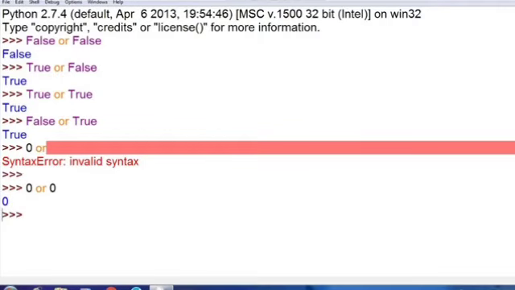Now if I write 0 or 8, as the truth value of 0 is false and the truth value of 8 is true, because numbers other than 0 have the truth value true, if any of the operands has a true value, it returns the true one, as we have learned. And suppose I write 5 or 0.0, so 5 is true and this is false, and since the first one is true, it will not jump to the second one and it will give you the answer 5 only.